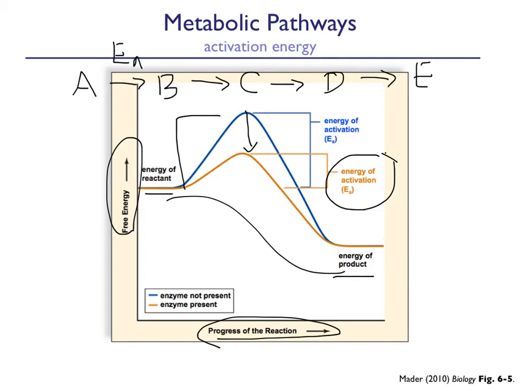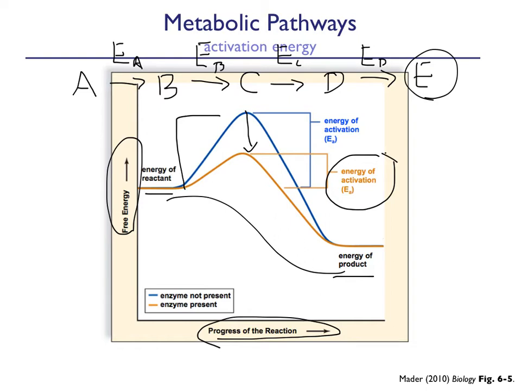So you'd have enzyme A that reacts with A to help change it to B. It decreases the activation energy. A second enzyme, enzyme B, would then react with B to convert it to C. Enzyme C converts it to D. Enzyme D converts it to your final product of E. So here in a metabolic pathway, it's a string of these reactions, each one utilizing a different enzyme to facilitate that reaction.